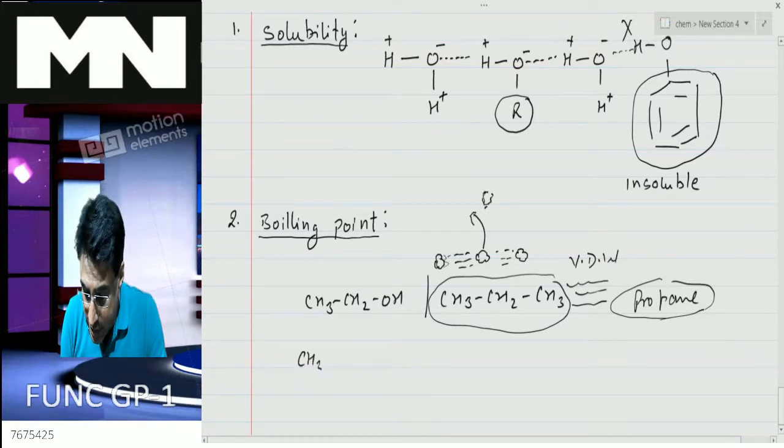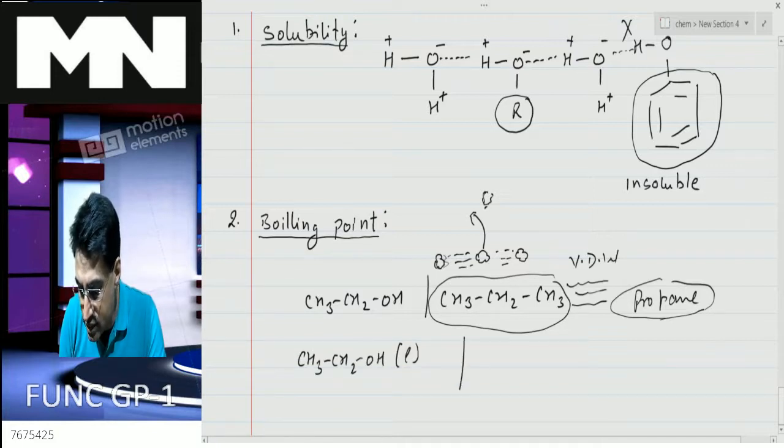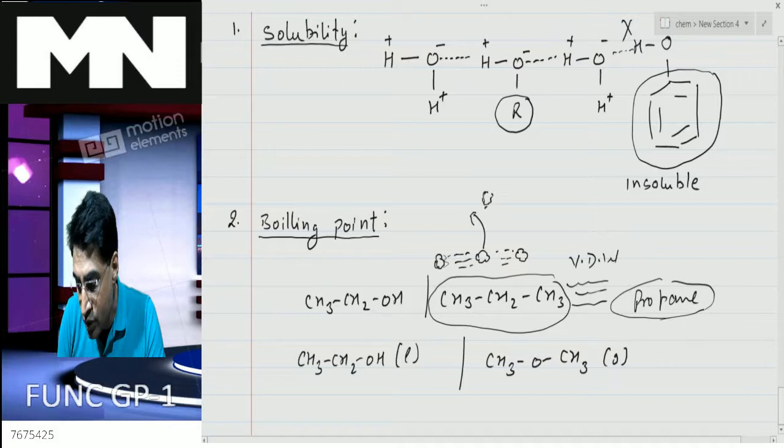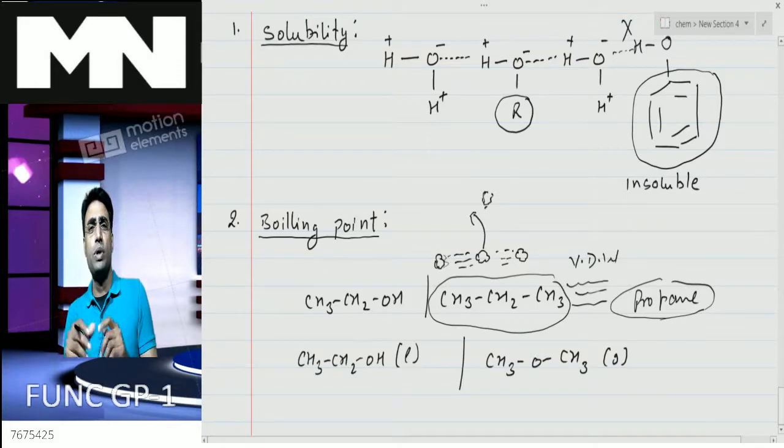Likewise, there is one more question given in your textbook. Why at room temperature is ethanol a liquid, whereas dimethyl ether is a gas? The first question which comes to our mind is, why are they comparing ethanol with dimethyl ether? That is because both of them have the same molecular mass.